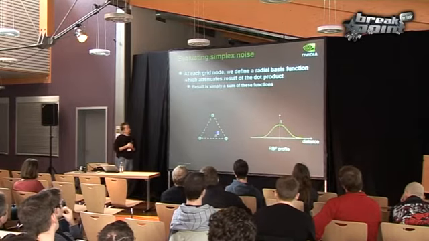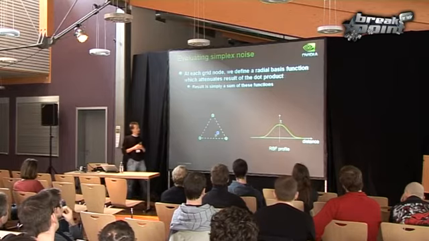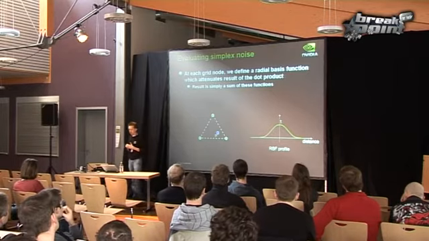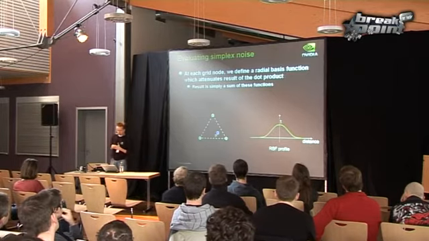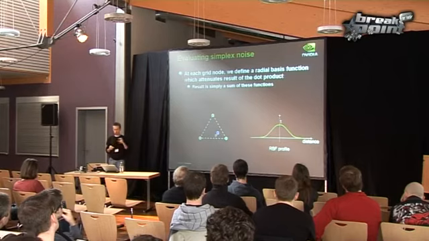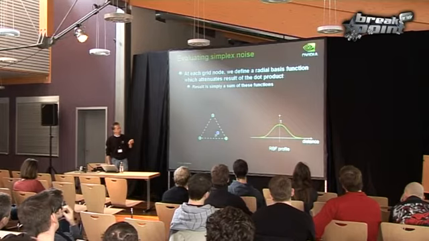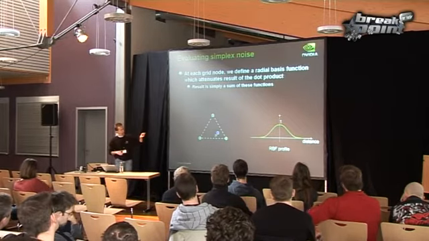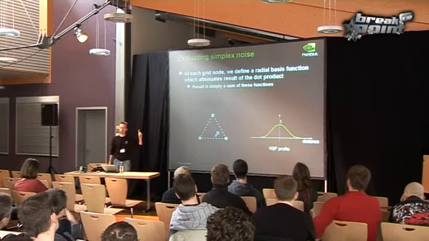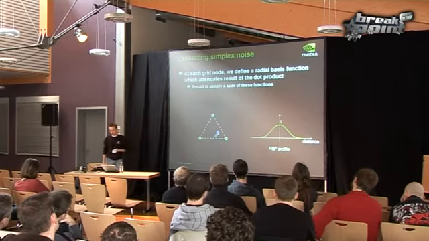The next improvement is that instead of using linear interpolations, we're going to be calculating our final noise value a little bit differently. At each grid node, we define a so-called radial basis function, which looks like a Gaussian fall-off. The intensity of the function has a value of 1 at 0, and then it falls off with distance.